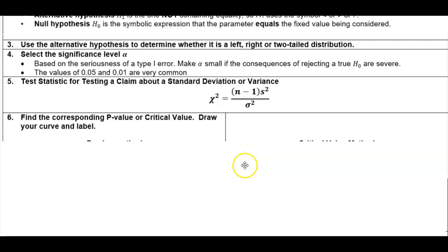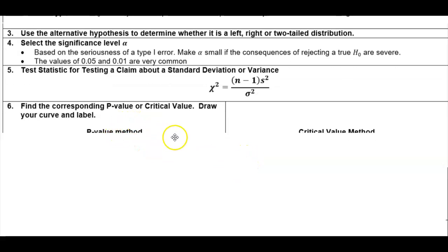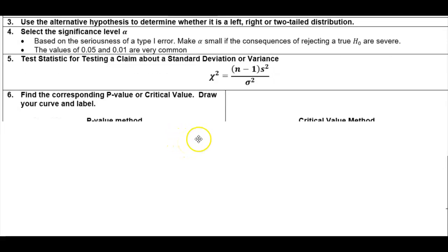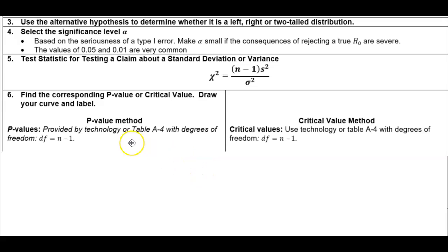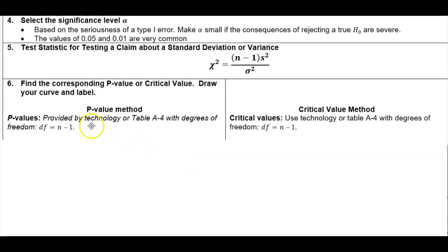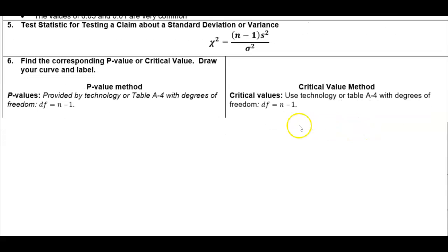And so, in step 6, we're going to find the corresponding p-value or critical value, and we also want to draw the curve and label. For the p-value method, it's provided by technology or table A4 with degrees of freedom being n-1. In the critical value method, you're going to use technology or table A4 with degrees of freedom of n-1.